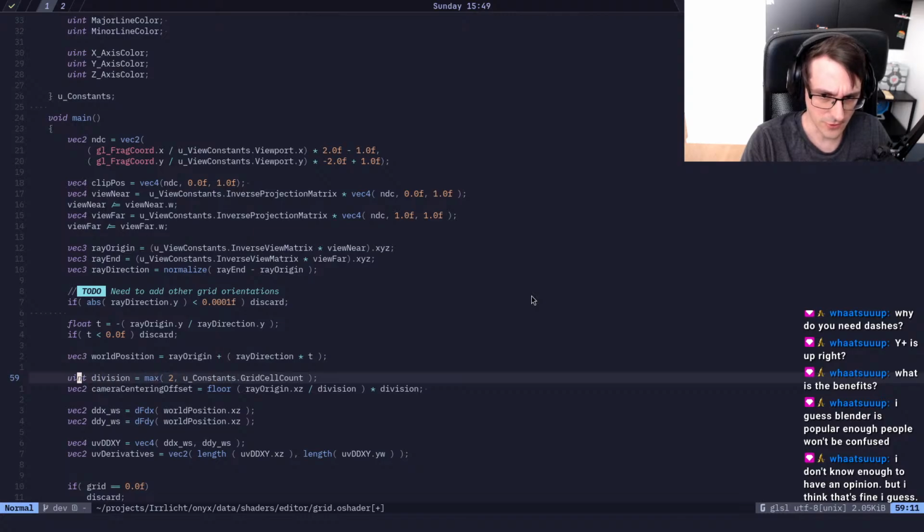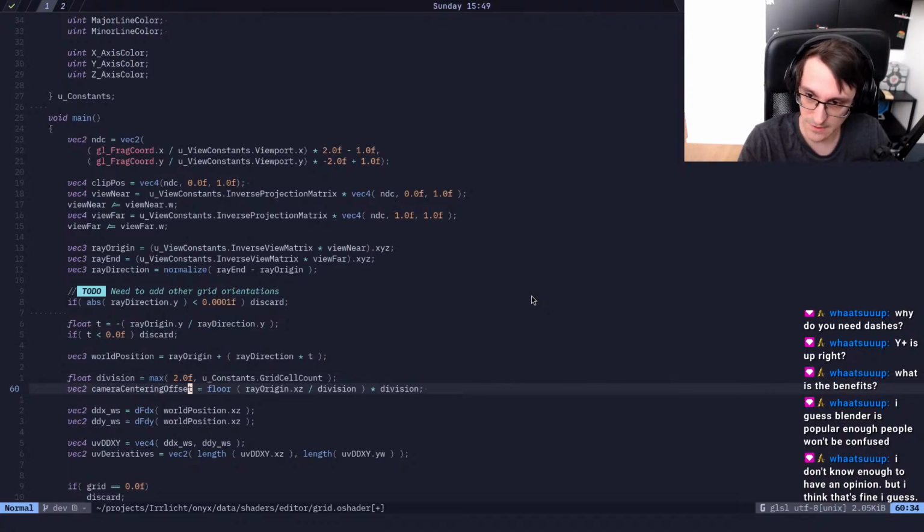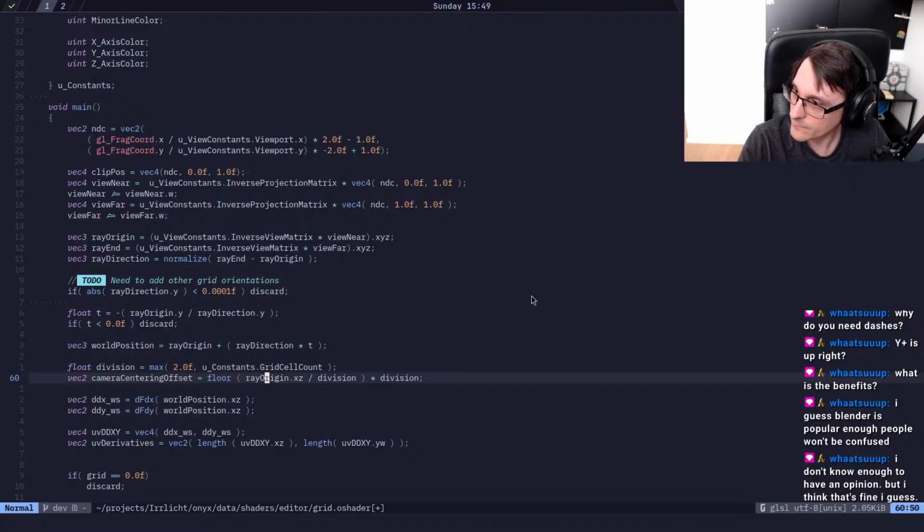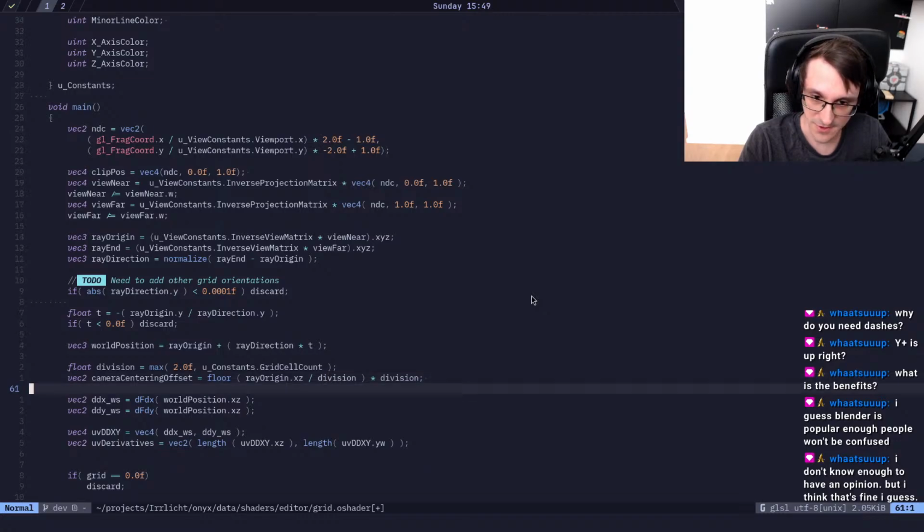Or maybe then we need a float to do the division correctly. But yeah, that basically moves the position to a multiple of this division, of the origin of this thing.